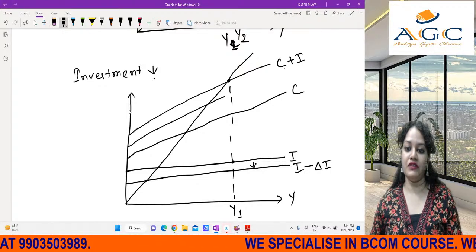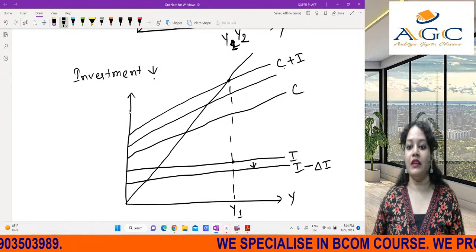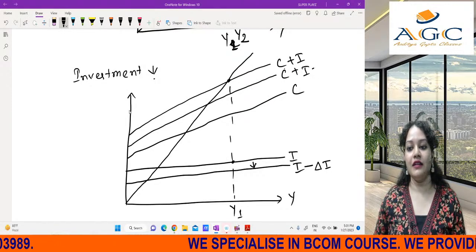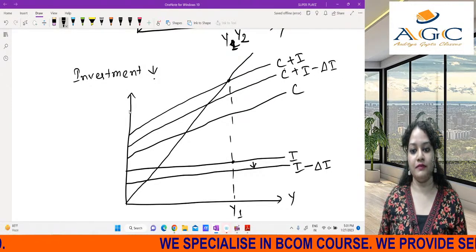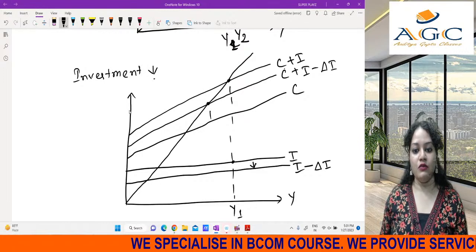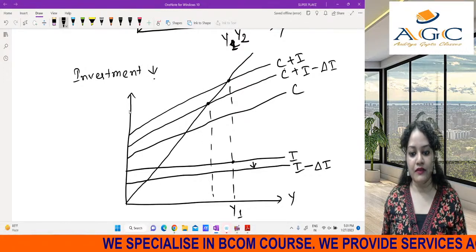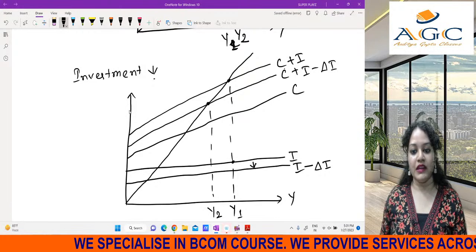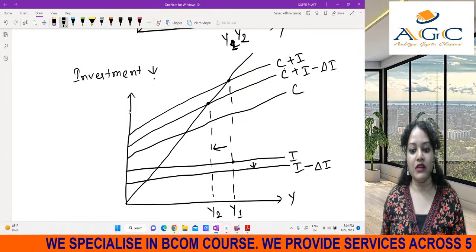So we will shift this line. So C plus I minus delta I, right? And what happened to our equilibrium level of income? It decreased from Y1 to Y2.